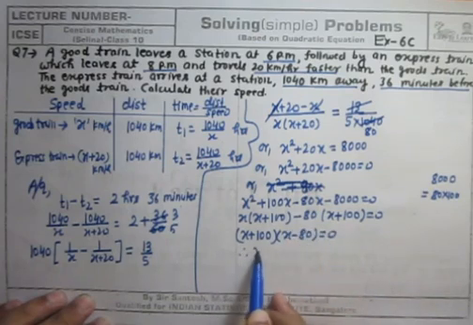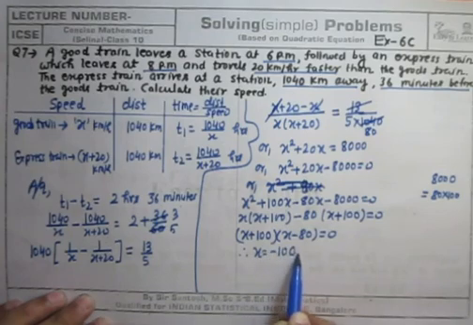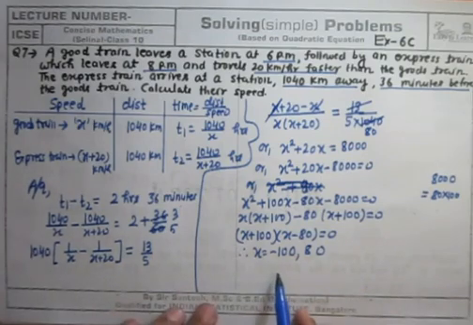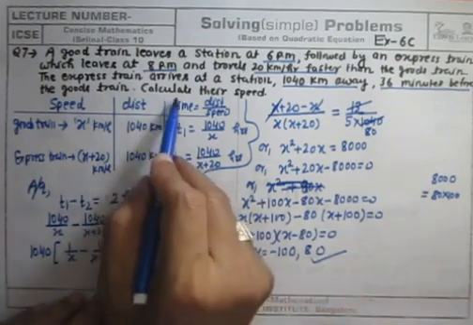So from here you will get x equal to minus 100, and from here you will get x is equal to 80. Now the negative value we can reject, so this is the acceptable value. So what is asked, calculate their speed.